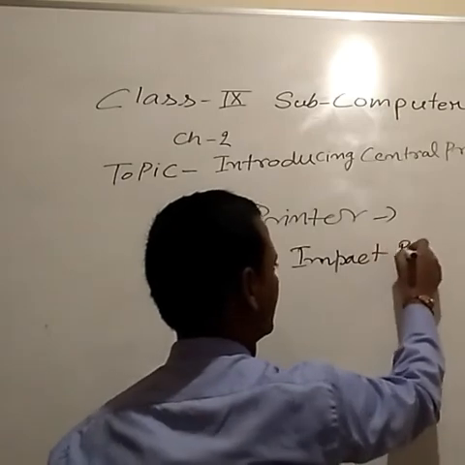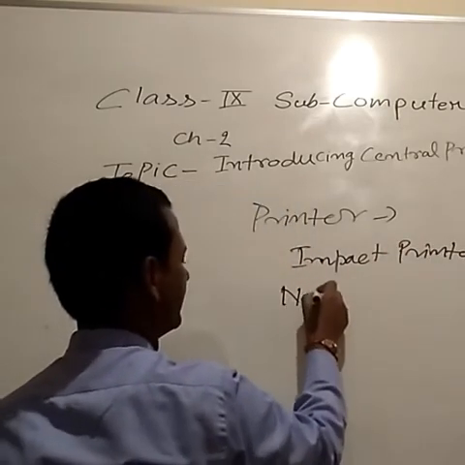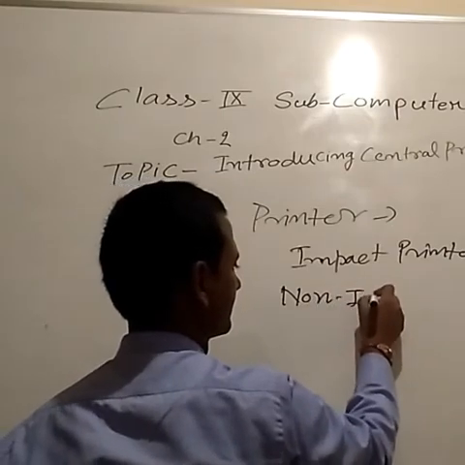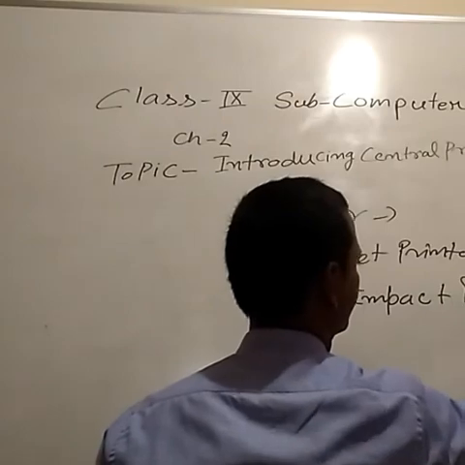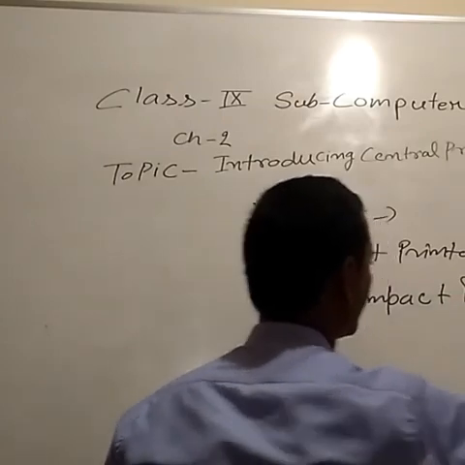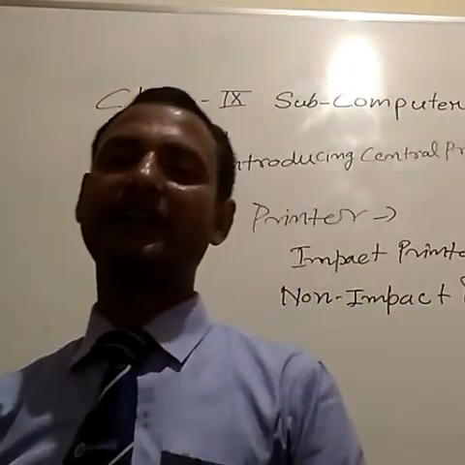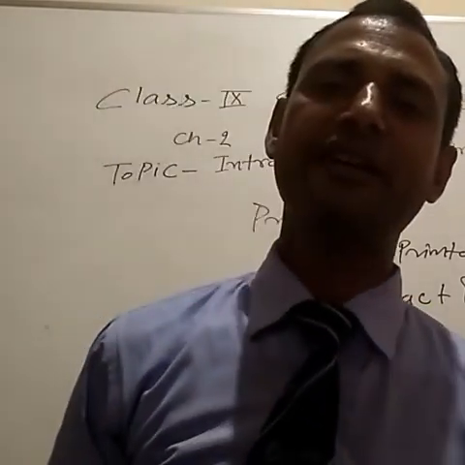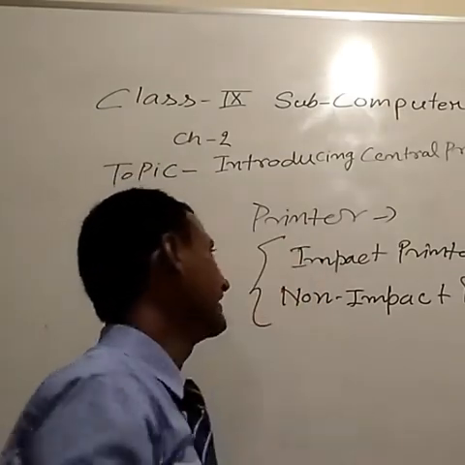There are two types of printer available in the market, and we use the printer according to our requirement. These two types of printer are further divided into many categories.